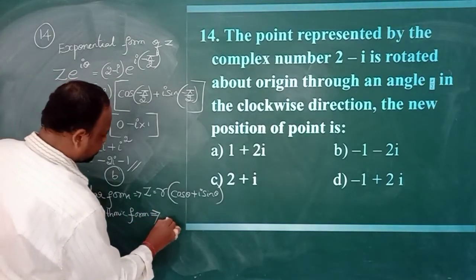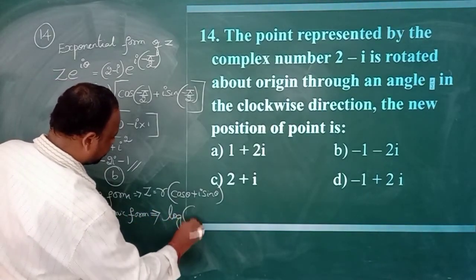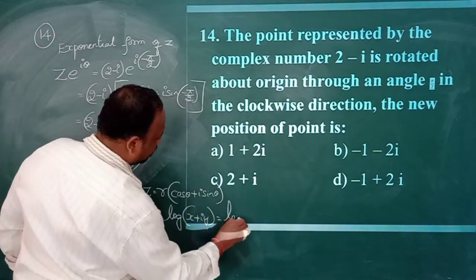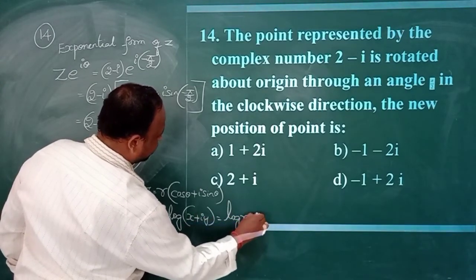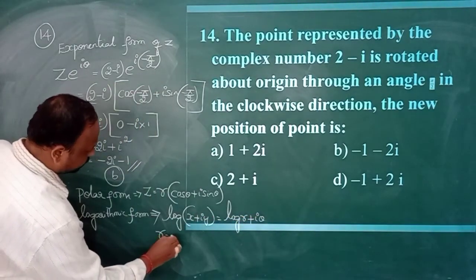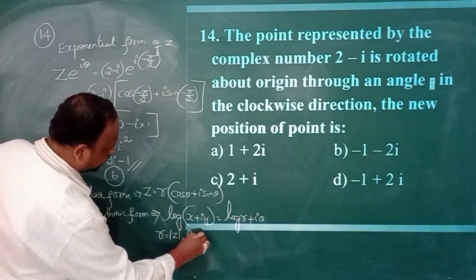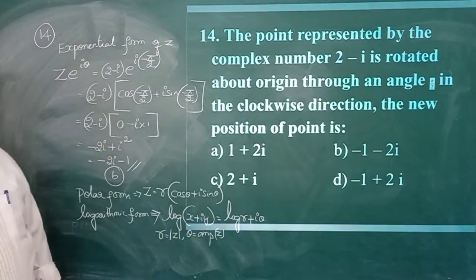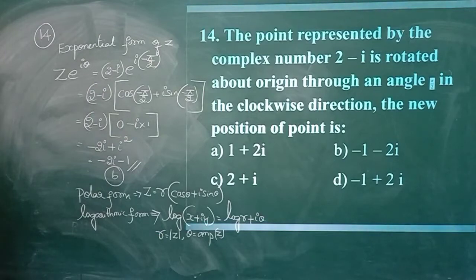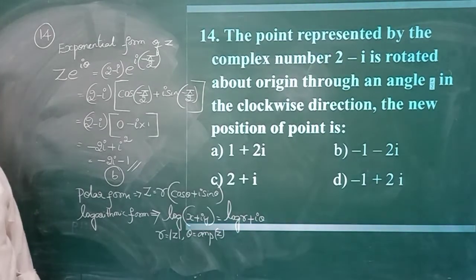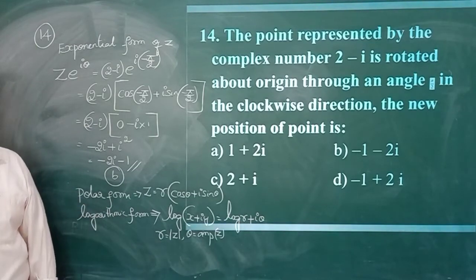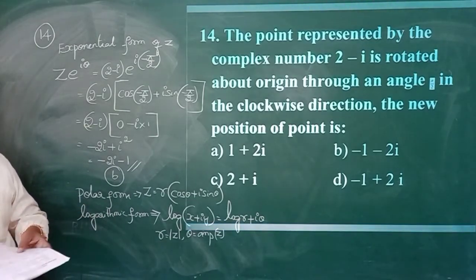So logarithmic form is given by log of x plus iy is equal to log r plus i theta, where r is mod z and theta is amp z. You should go through these two things, that is polar form z is equal to r into cos theta plus i sin theta, logarithmic form log of x plus iy is log r plus i theta, r is equal to mod z and theta is equal to amp z. So we'll go for next one.